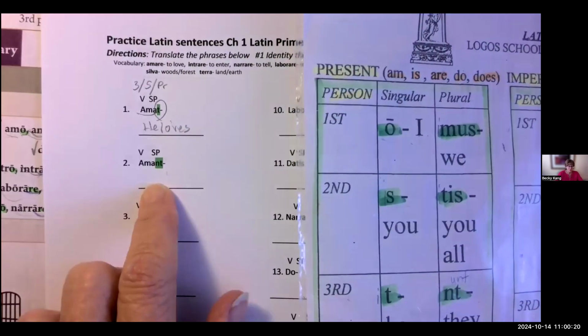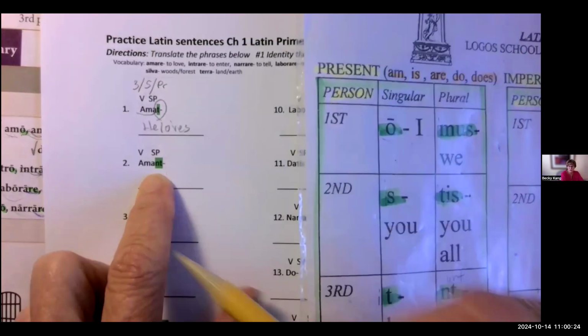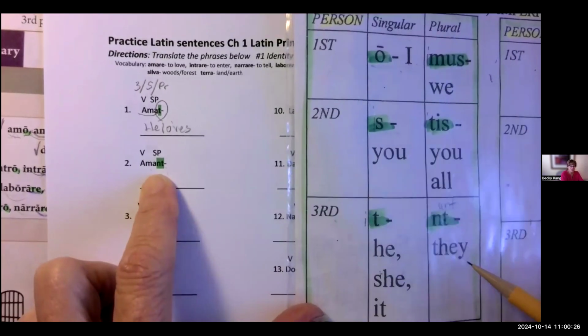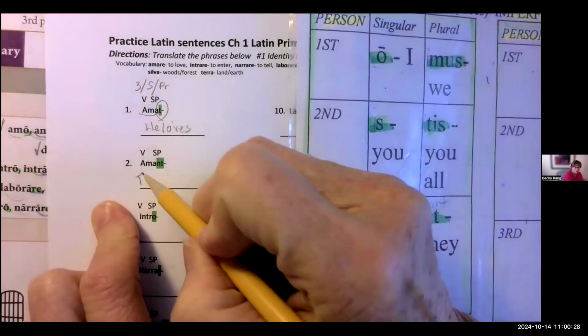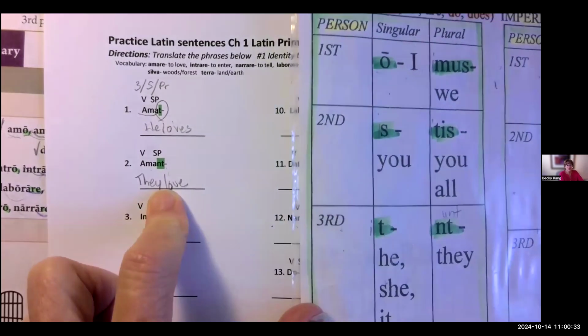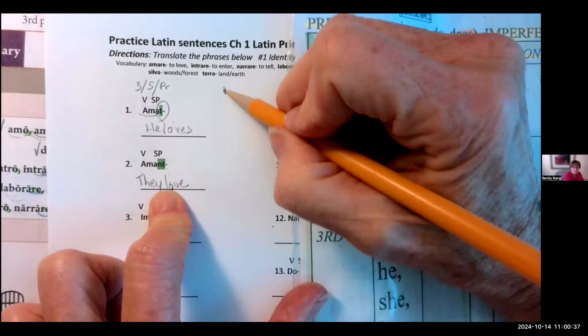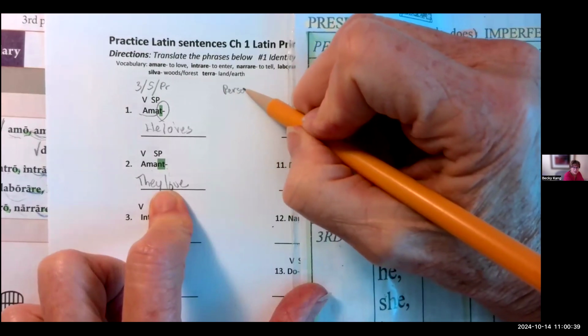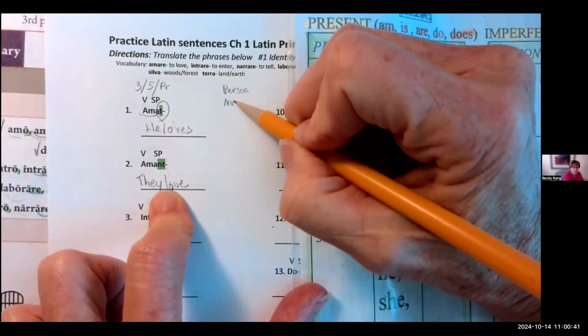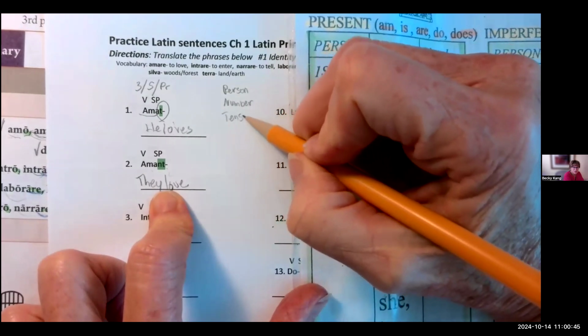Next, same stem, which is love, but we have NT. What does NT mean? It means they. So it means they love. But what about if I were to ask 3 questions? What is the person? What is the number? And what is the tense?